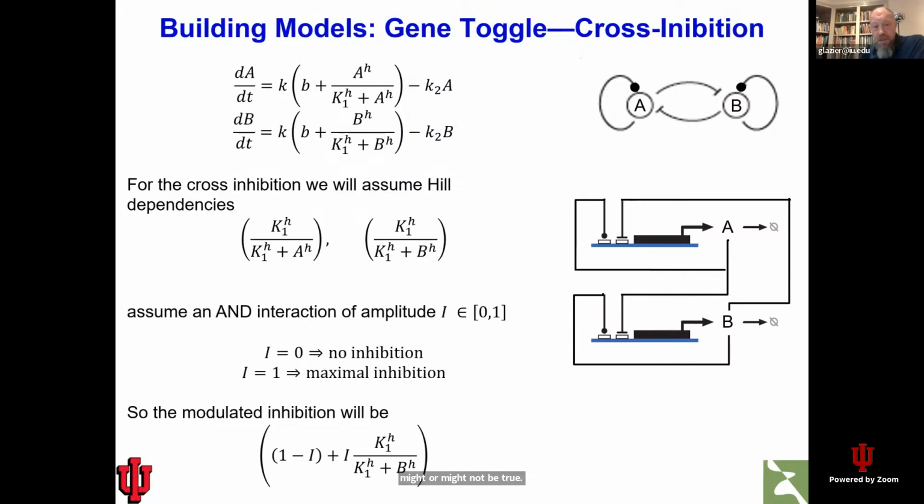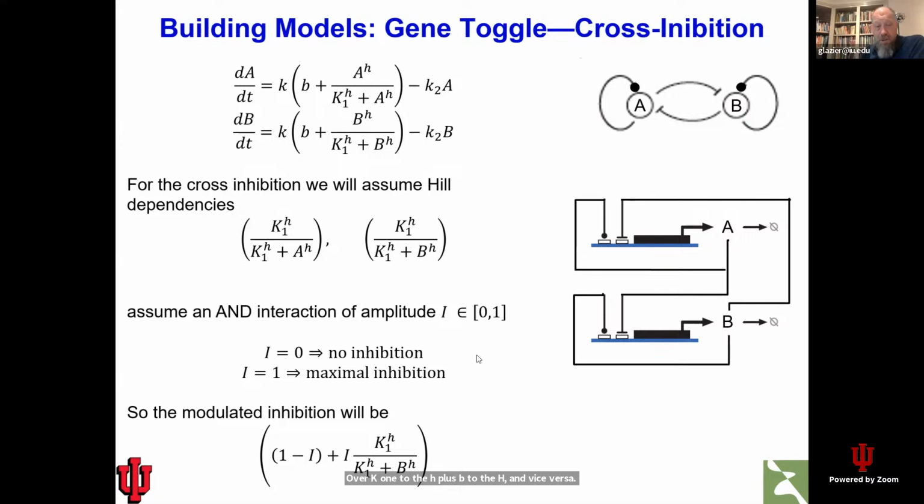Now for cross inhibition, I'm going to assume that it has an AND form, product form, and I'm going to assume that the inhibition works like a decreasing Hill function. So I have the inhibition of A by B goes like, again, K1 to the H over K1 to the H plus B to the H, and vice versa.